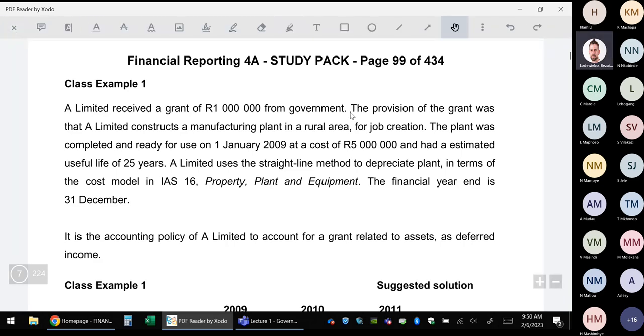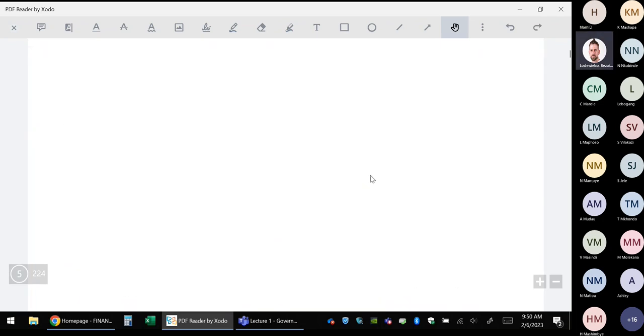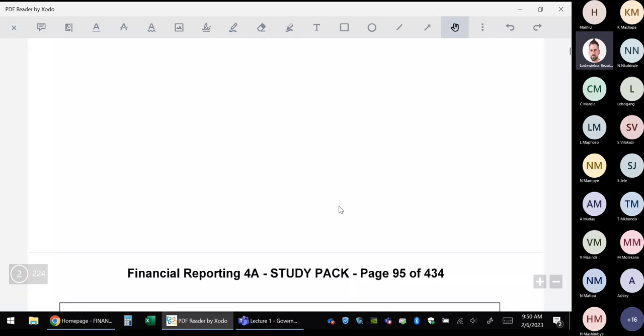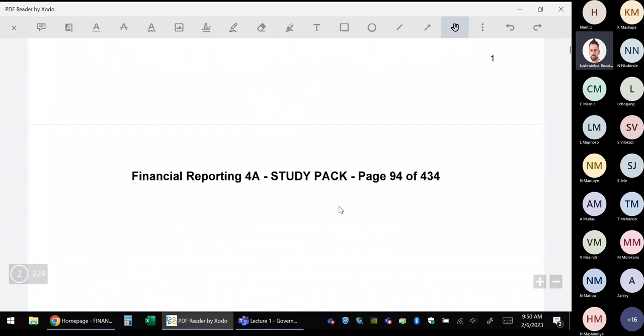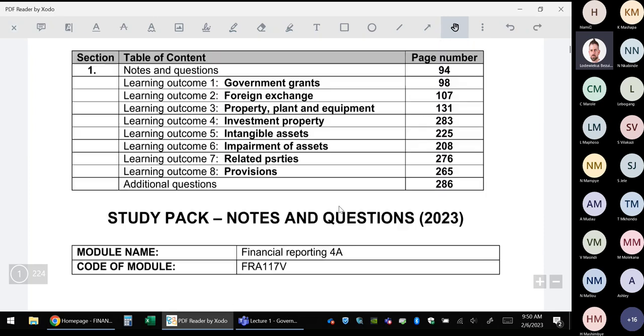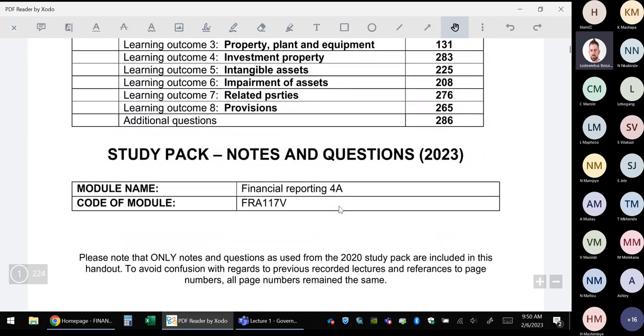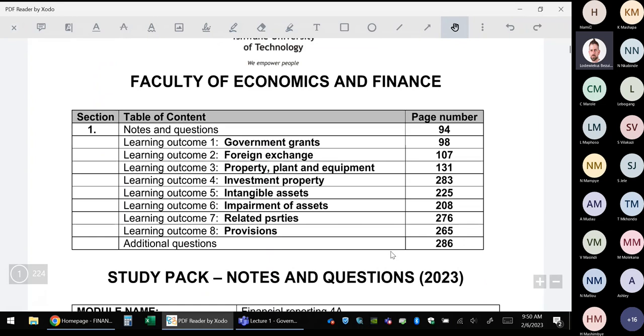All right. Just on the study pack, I'm using the same study pack that we had last year because all the recorded videos are linked to the page numbers of the study pack. So you'll see it says 2023 and our subject code, but it is linked back to the original study pack we had because of COVID.